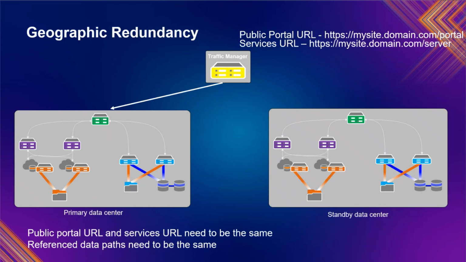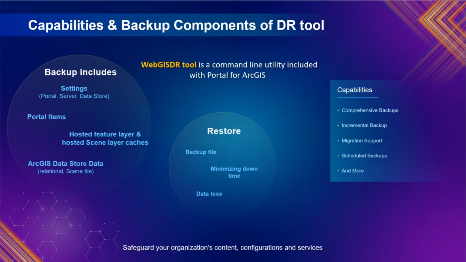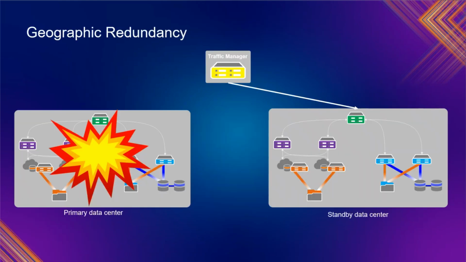But what if the whole site is down? Then all the traffic from the traffic manager or the global DNS will shift to the second data center, and everything will start from the standby data center. So this is the overview of the architecture for disaster recovery.